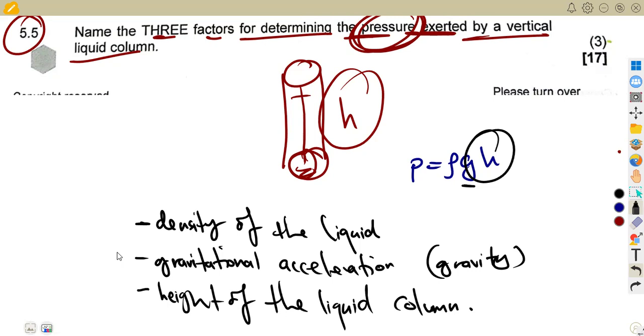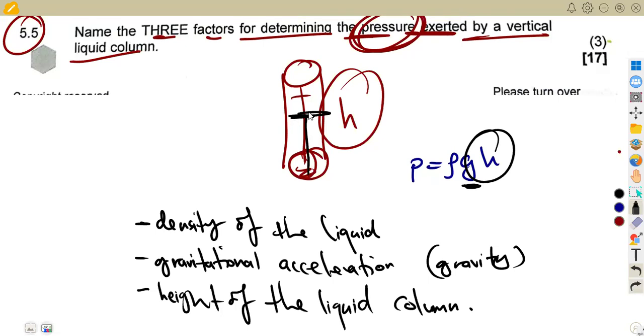So these factors do affect your pressure. If one changes, except for the gravitational acceleration, we just maintain that at 9.8. The density is going to change depending on the liquid that you are working with. Is it water? Is it oil? Whatever you're working with has its own density. And the height is taken as you are going up.